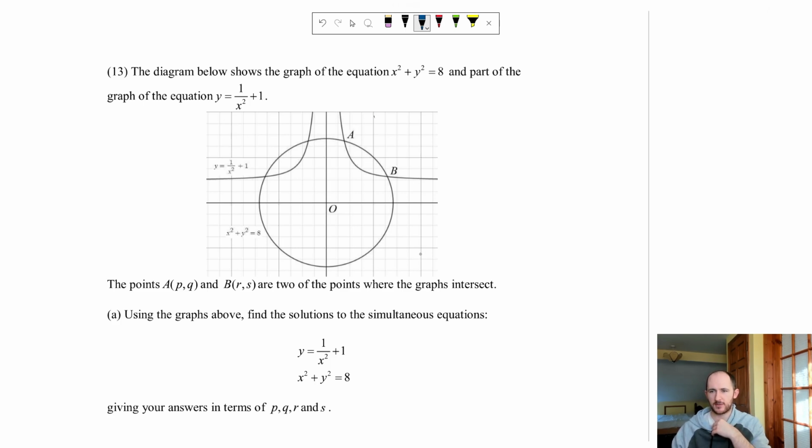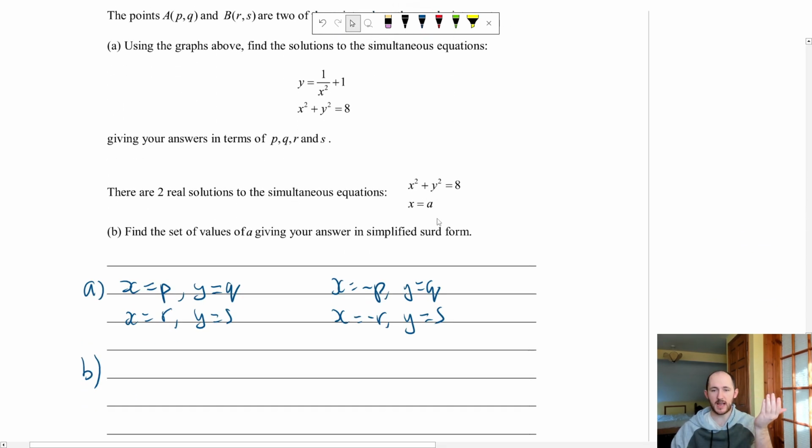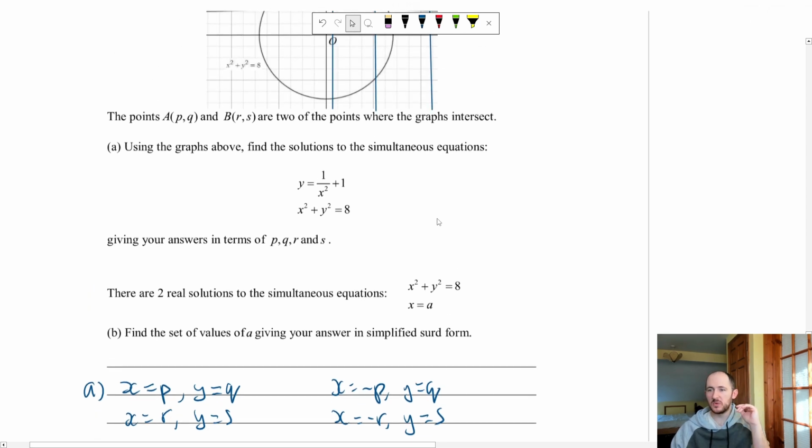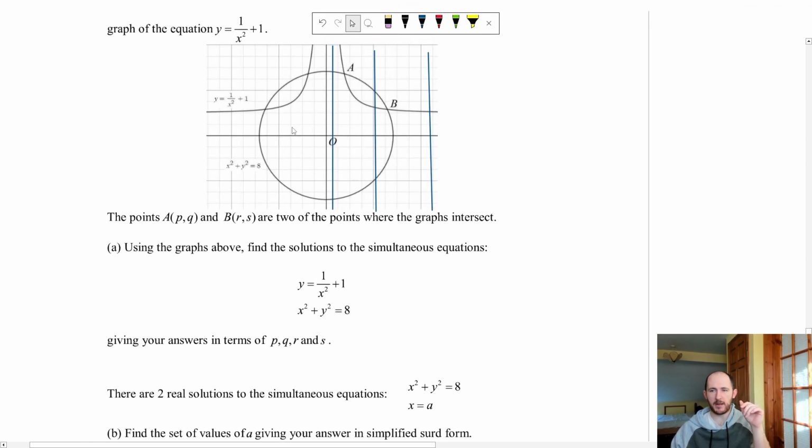So maybe it's straight down from here, maybe over here, maybe over here. The problem is we don't actually know, because it just says x equals a, and a could be any value. We don't actually know whereabouts it is, but they do give us some information.